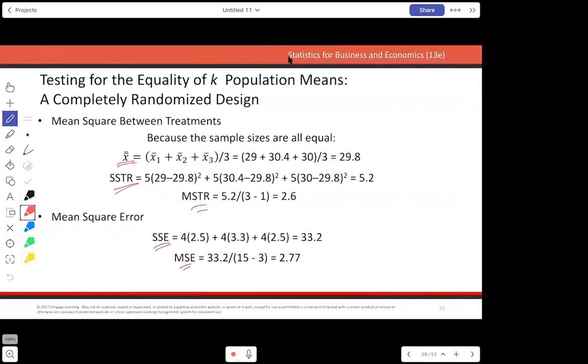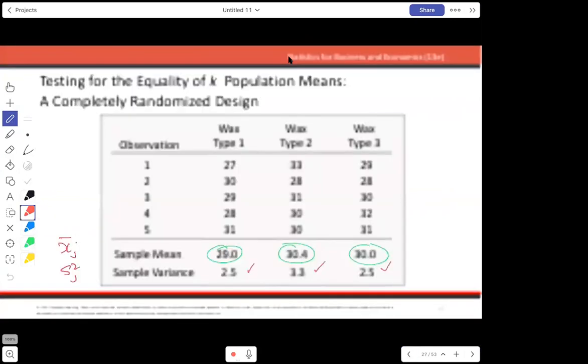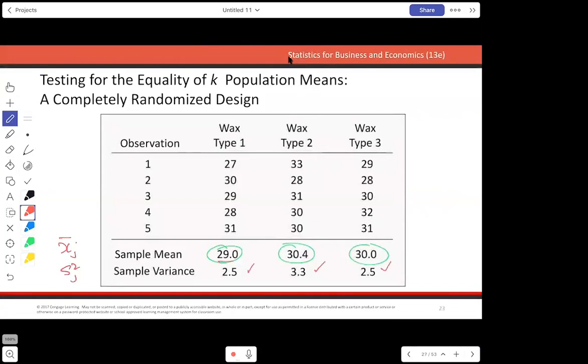As you could see here, we get x double bar by taking the average of the sample means for column 1, column 2, column 3. If we average those 3, essentially we'll get the average of all of those numbers put together.